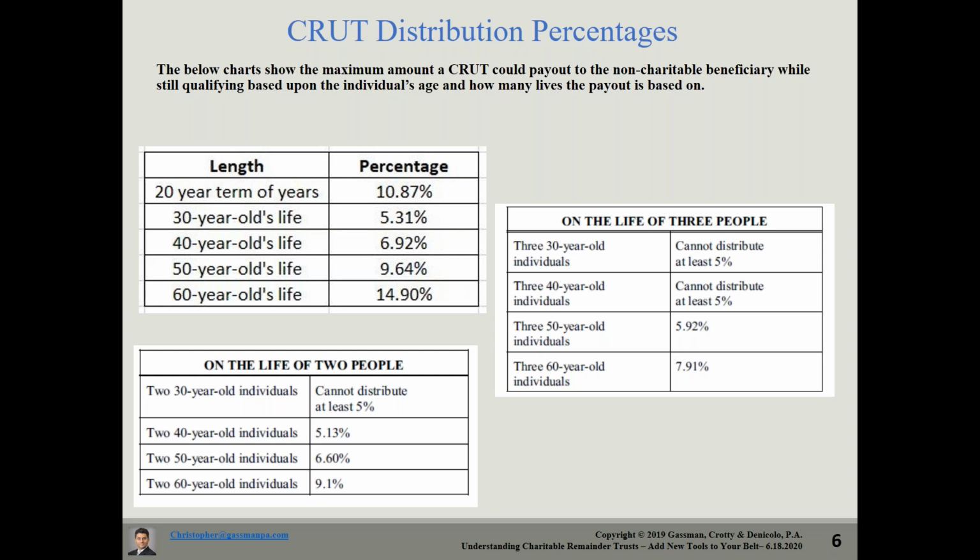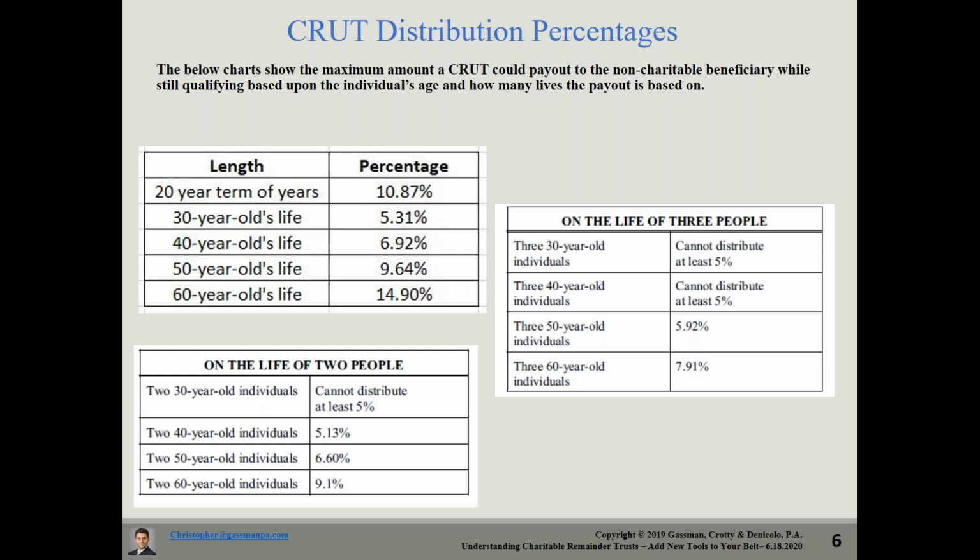And these percentages show the amount that would have to be distributed each year from the CRUT in order to meet that 10%. And these amounts are maximum amounts, I should say. You have to distribute at least 5% for a CRUT, but based upon that 10% remainder and the actuarial calculations, these are the maximum amounts that can go out to the non-charitable beneficiary.